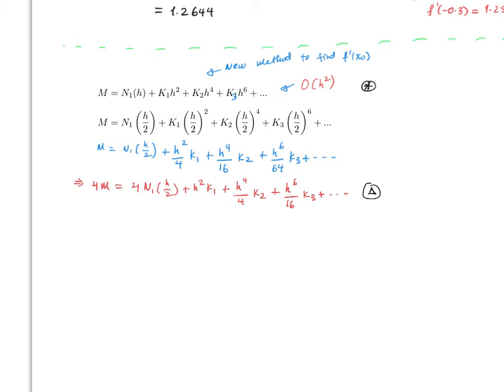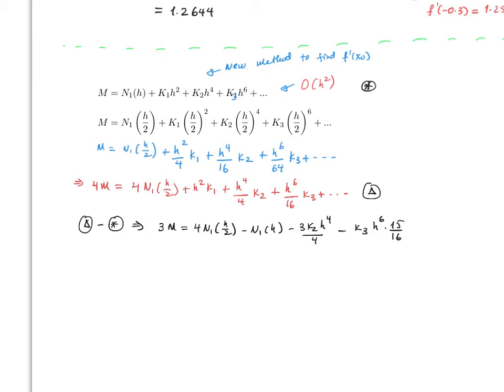Again, if we do equation triangle minus the original equation, we get the following: 3M is equal to 4 N1(h over 2) minus N1(h) minus 3K2 h to the 4 over 4, and then minus K3 h to the 6 times 15 over 16.